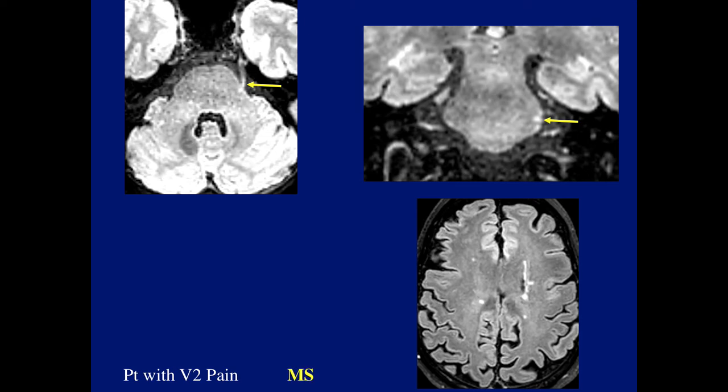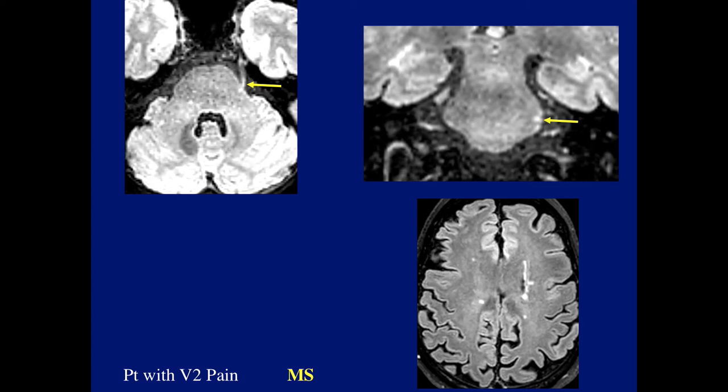This was a case that nobody thought about MS in, but the appearance of the brain suggested that, and eventually this case was proven to have MS. Again, notice the involvement in the region of the root entry zone, which, remember last week I mentioned is kind of a favorite place for MS disease.